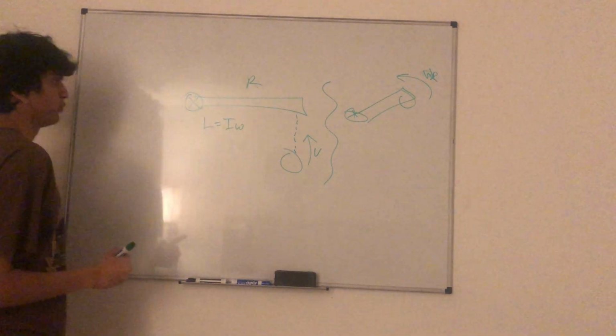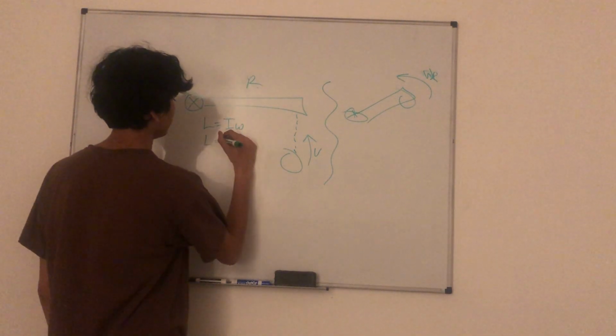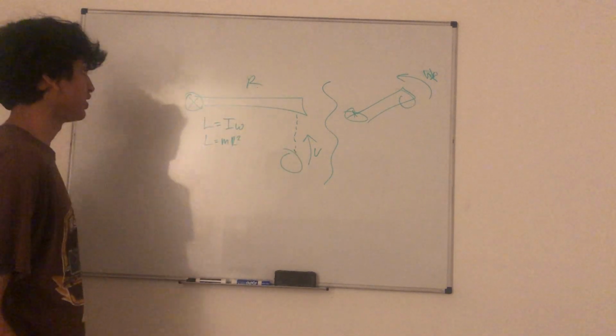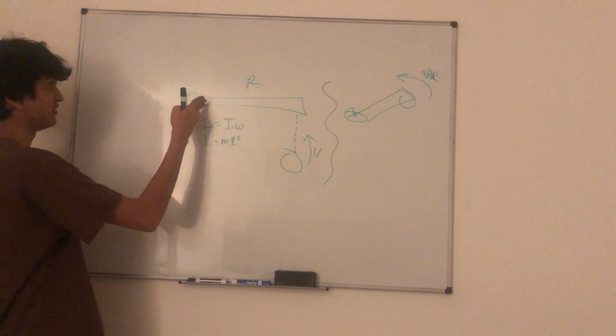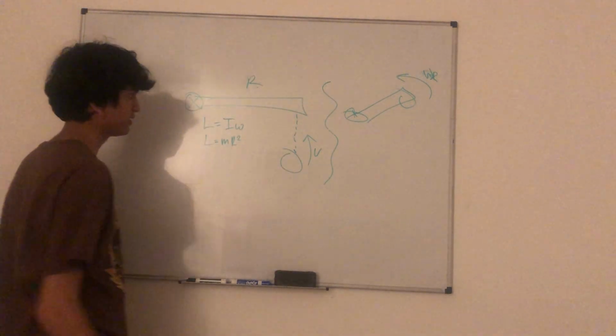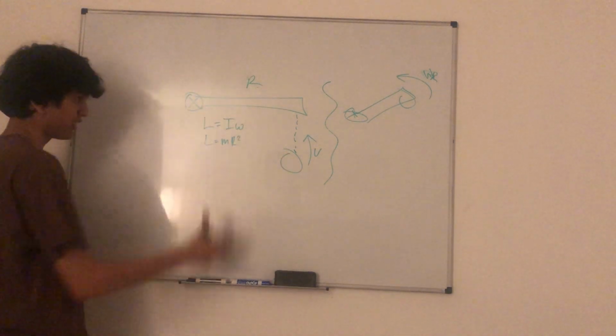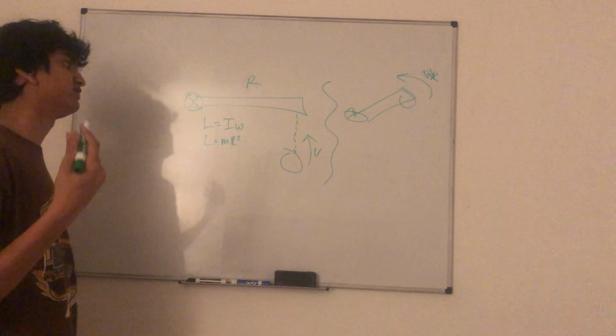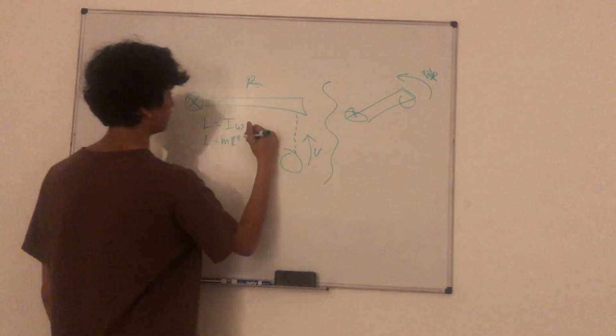So L is going to equal I omega. For a point mass, I is just mr squared, where r is the distance from our axis of rotation. I'm going to write that in here, so the whole r is going to be that length. Instead of omega, since it's not really rotating, it's going in a straight line, we could say that omega is v over r.